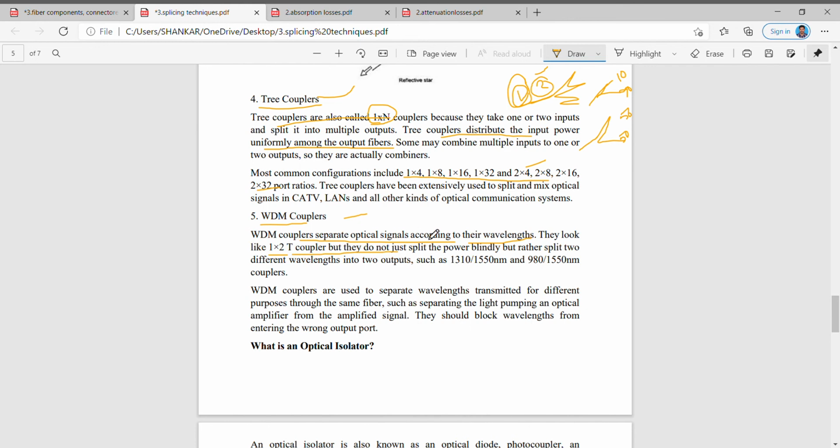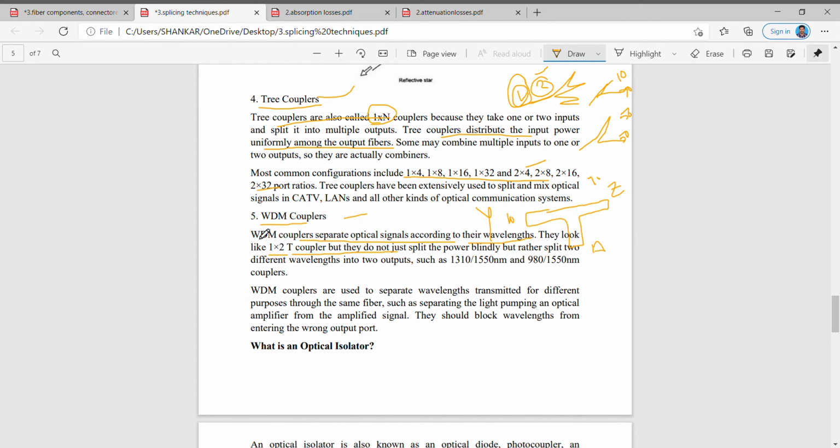But in the case of a T coupler, what happens? Suppose I am applying the input A, it gives the outputs Y and Z. It may be 10 or 90 or whatever, it will give a non-uniform output, and it splits the signals blindly.